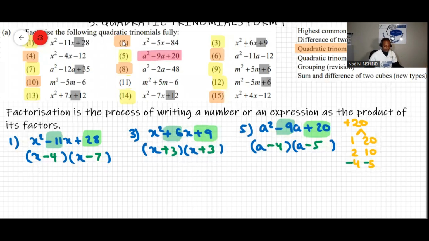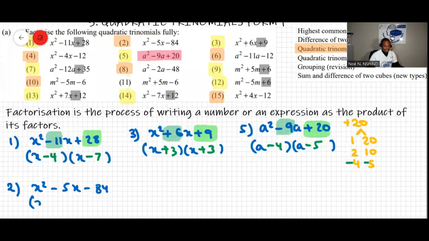Now let's start with question 2. Here, question 2, we have x squared minus 5x minus 84. Now we do the same technique. We will first place x in the brackets, and then we're going to consider the last term, which is -84.